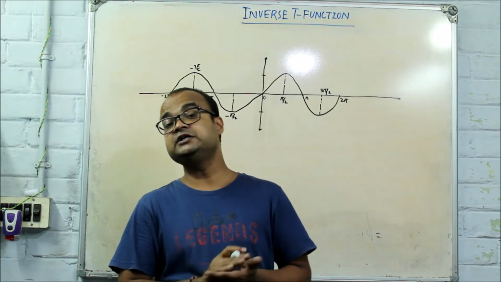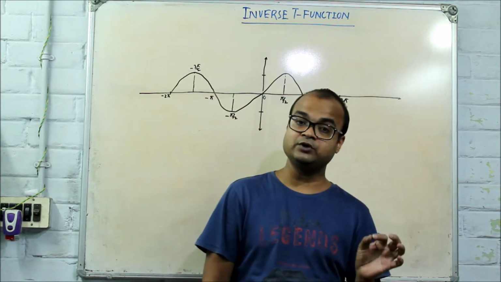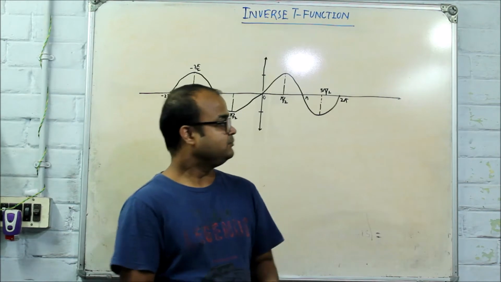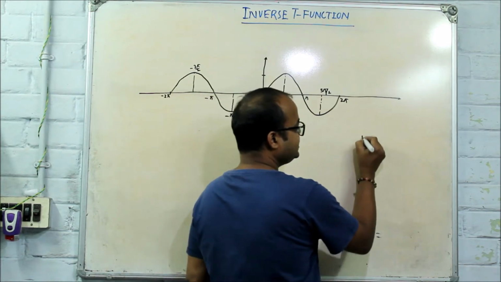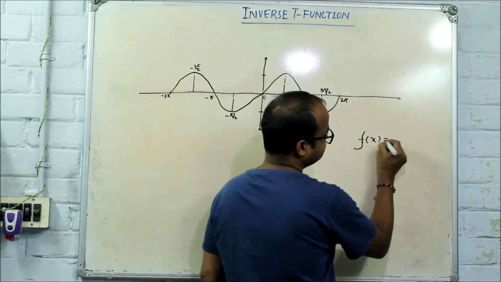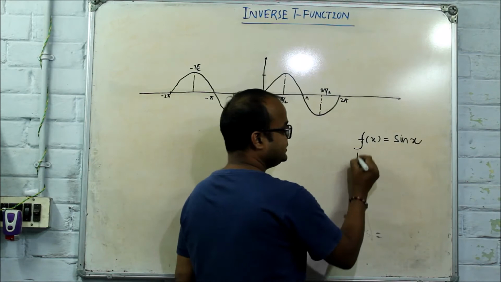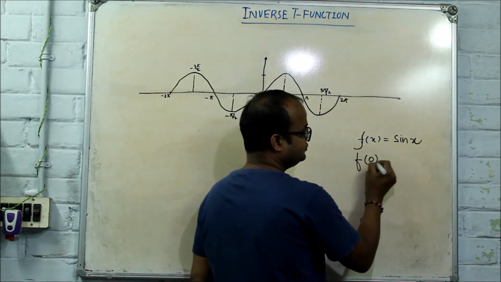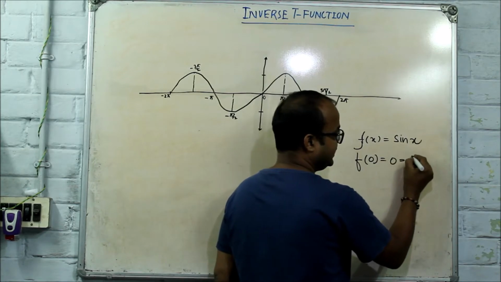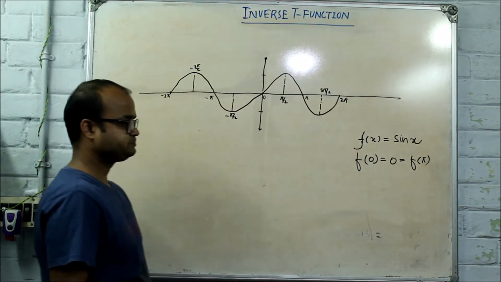Now, sin x is not a one-one function, and not an onto function. Consider the function f(x) = sin x. Then f(0) = sin 0, which is 0, and f(pi), that is 180 degrees, is also equal to 0.